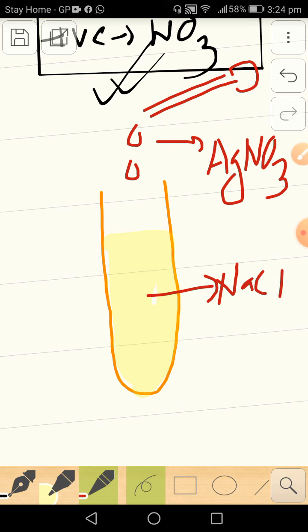Then what will happen is that we will get the silver chloride at the bottom of the container. It will automatically collect at the bottom.